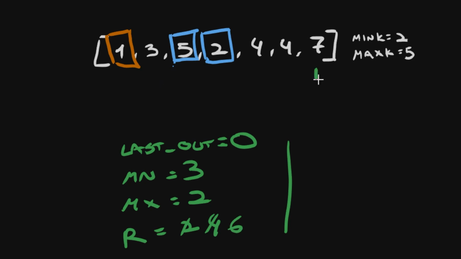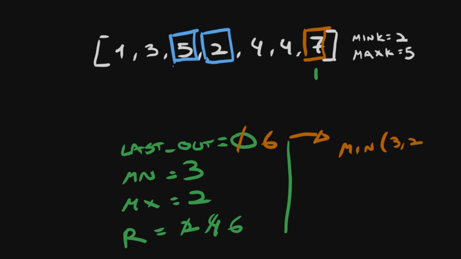Now the i is here and this is the new last value that's out of bounds. So here we put a 6. And now if we do the minimum among 3 and 2 minus 6, we get a value that's negative. And in this case, we don't want to add anything to our result.